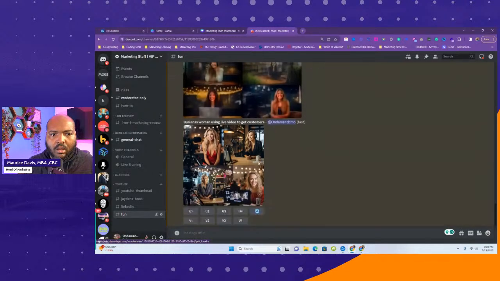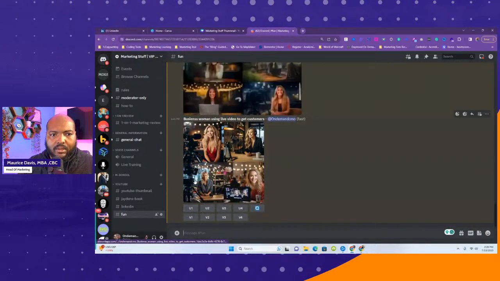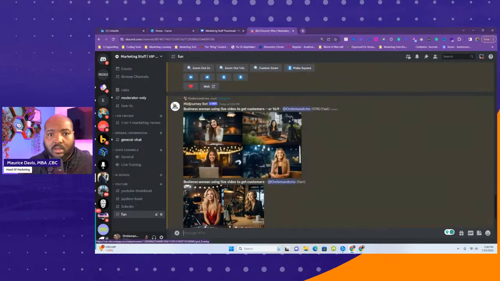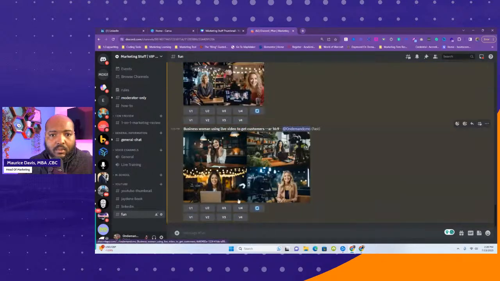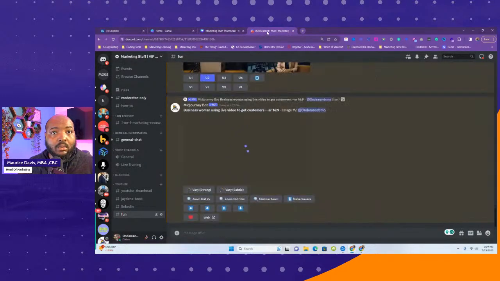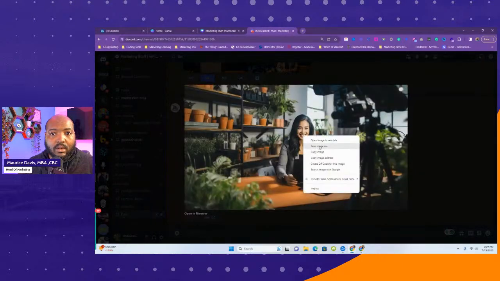Okay. I really like this one, but this one should work too. Ooh, this one's good. Yeah, we're gonna use that one. As soon as it's done, yep, I like that one. Upscale 2, and then we're gonna save this.